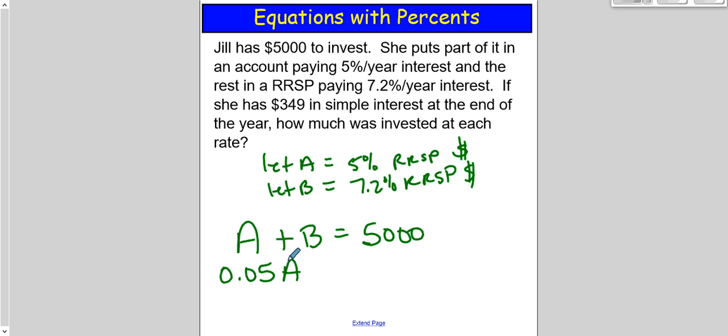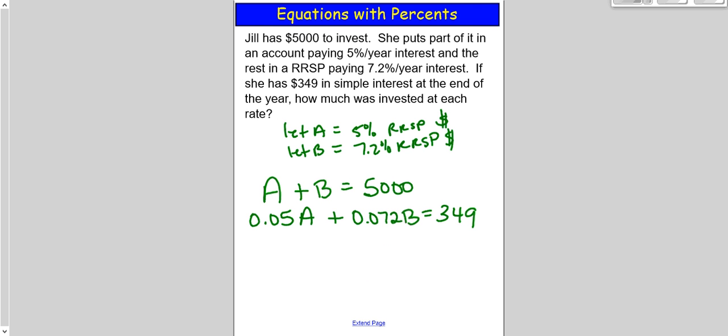And we don't know how much that money is, so that's why there's an A there. Plus 0.072 is going to go into RSP B, so that's why there's a B there, and we know they're going to make $349. Okay, so we have our equation here now.